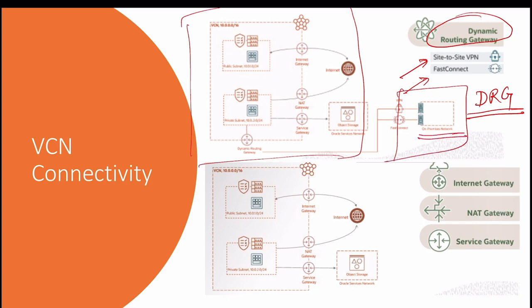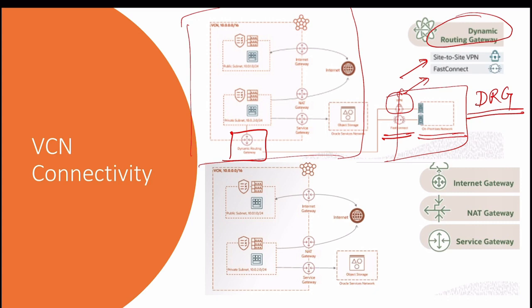One is an internet-based connection, that is the VPN connection. It is software-based, and for this we also require the dynamic routing gateway. Or if you want a dedicated, physical connection between Oracle Cloud and your organization, that is done through FastConnect devices, and this is known as a dedicated connection. For these two we use the dynamic routing gateway.